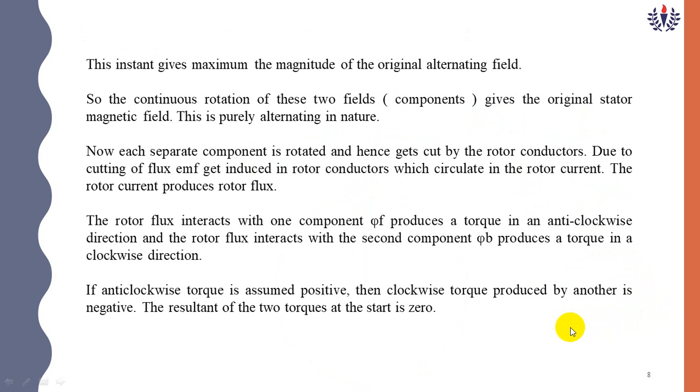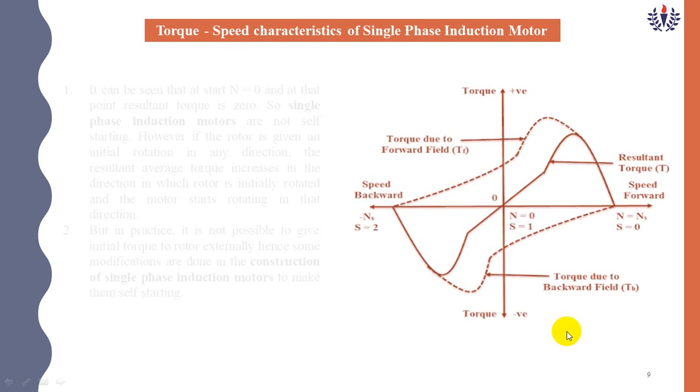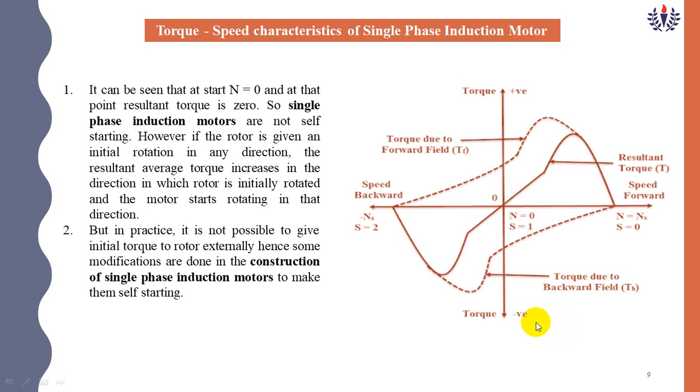Okay, the theory is already explained. Now due to this double field revolving, there will be a torque and speed. In the x-axis it is the speed and slip, and in the y-axis it is the torque.